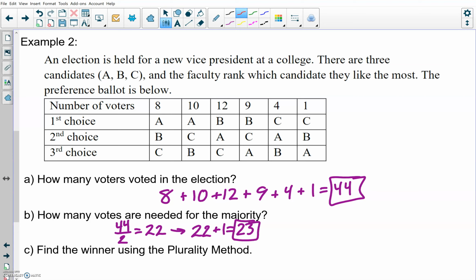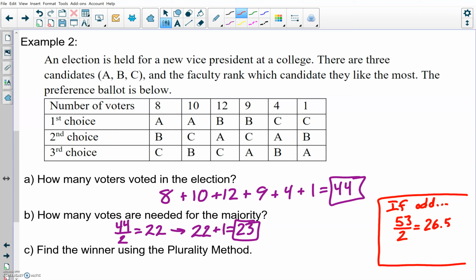Now, one thing to note here with these majorities, if odd number of voters, let's say you got 53 voters, you divide by 2, you're going to get 26.5. We're not going to add 1 to this, because you're not going to get a round number. You're going to get 27.5. And you really just need anything more than half.